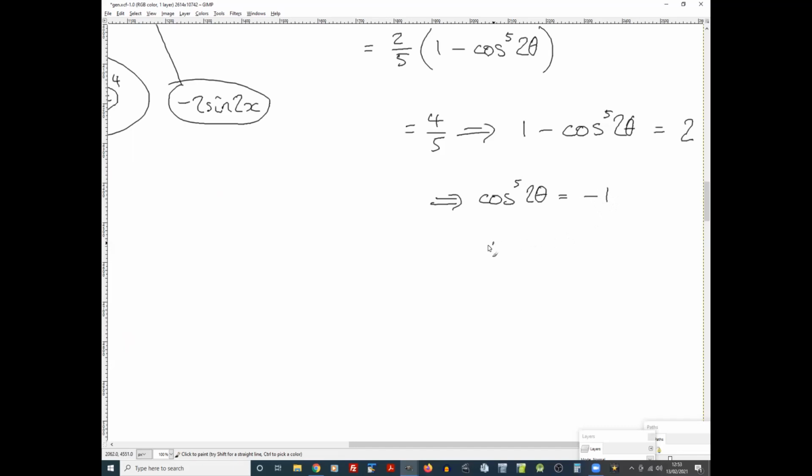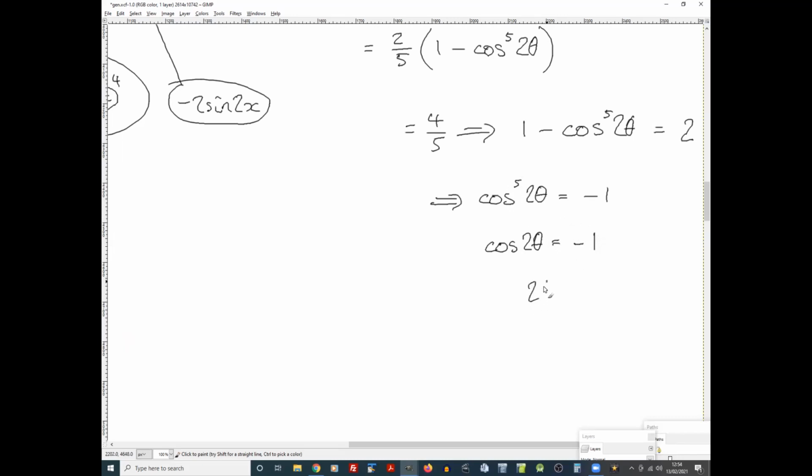In which case, an odd power of a negative is negative. So the root of an odd power is going to be negative. So cos 2 theta equals minus 1.